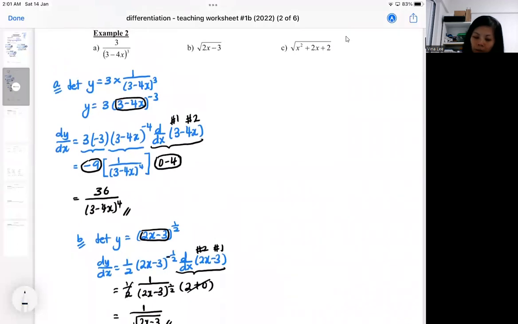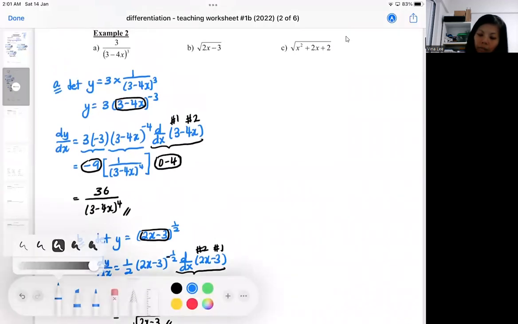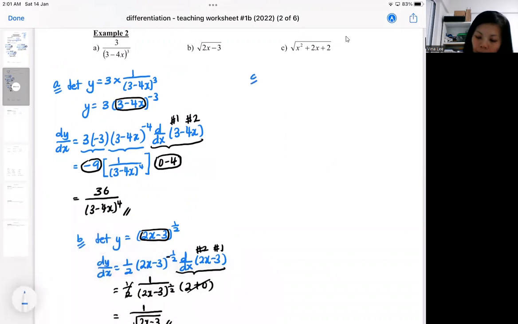Okay, so for part C, it's almost the same. If you realize for part C, it is also a square root. The inside is a quadratic function. So can you see it's a quadratic function inside? So dy dx, bring down the power, which is a half.